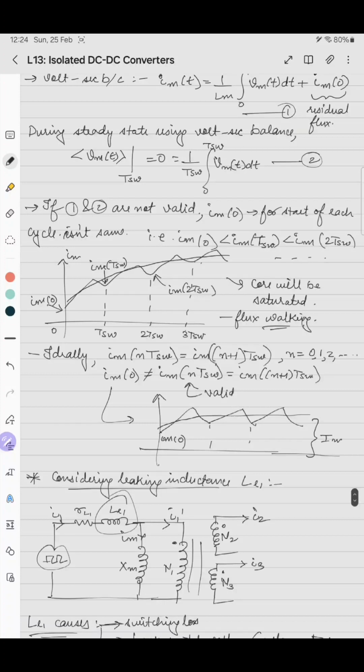We also saw that if volt second balance is not satisfied, the flux in the transformer core after the end of every switching cycle will be more, or it will not be the same, which means that the core is continuously getting magnetized. It is not getting a chance to demagnetize. So this will result in the saturation of the core.